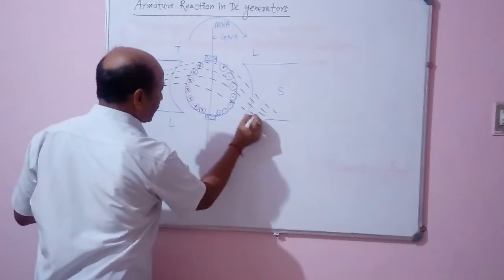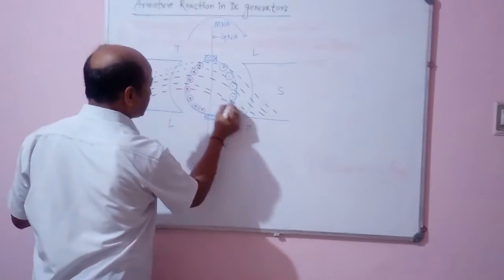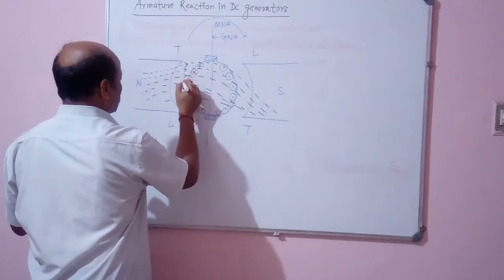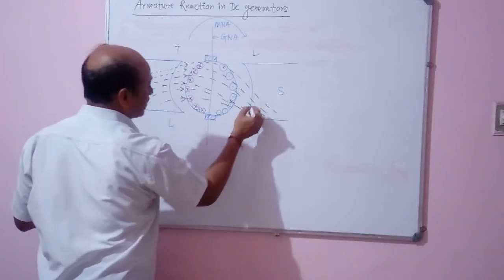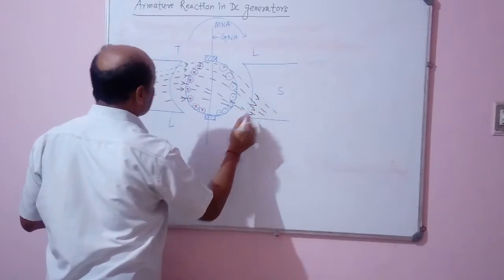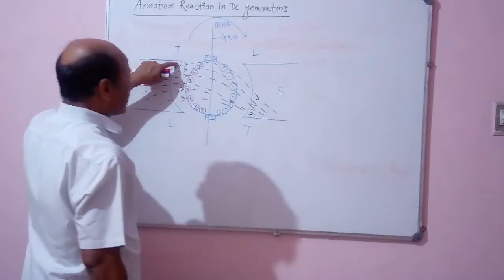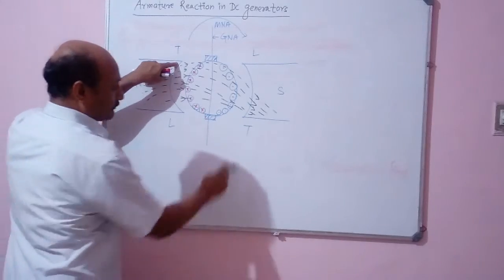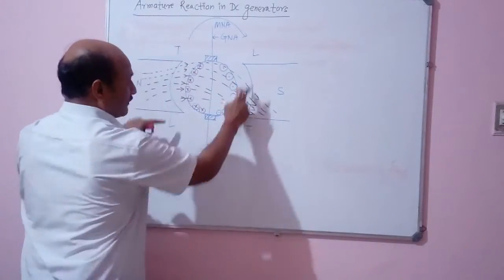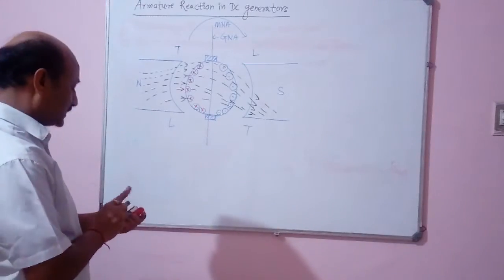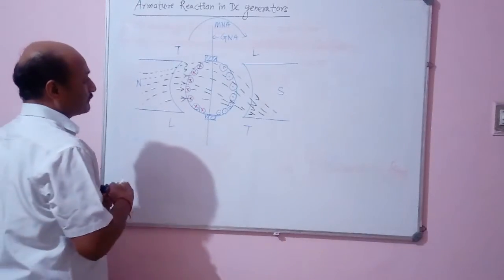That is N to S. But what happens? Due to the rotation of the armature, the magnetic field is crowded at the trailing pole tips and weakens at the two leading pole tips. So this is the direction of the magnetic field.